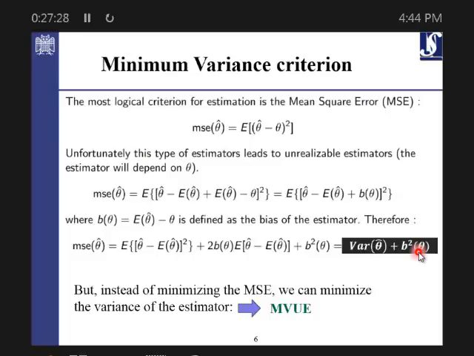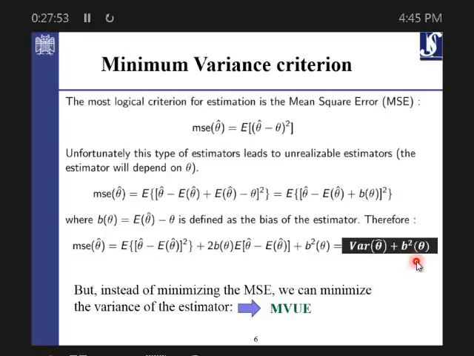Which one do you prefer? The point is that, intuitively, we see that bias is very important. On the other hand, we see that bias is important with a degree of 2 compared to the variance with a degree of 1. So bias is more important than variance.